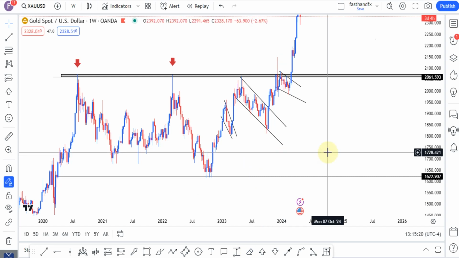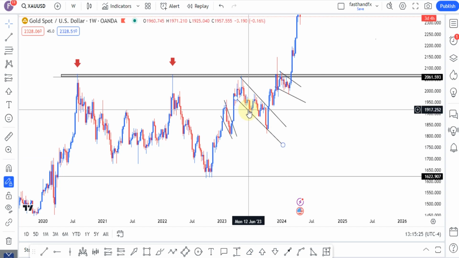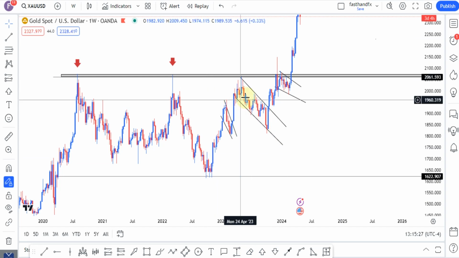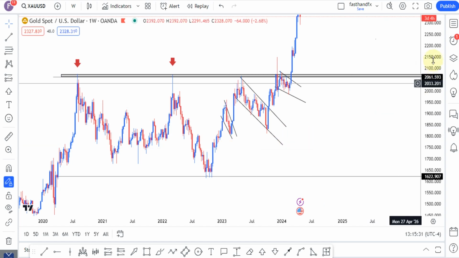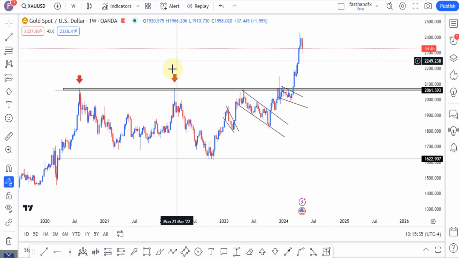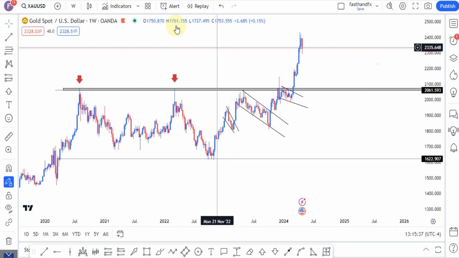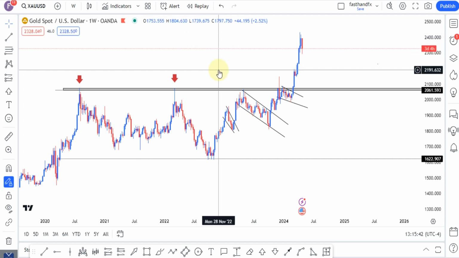So for example, if we did find the market at this area, let me show you how we could have taken this entry. I want to show you, whenever you see these opportunities, how you find your entry.